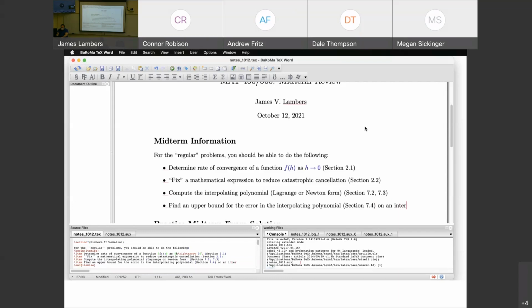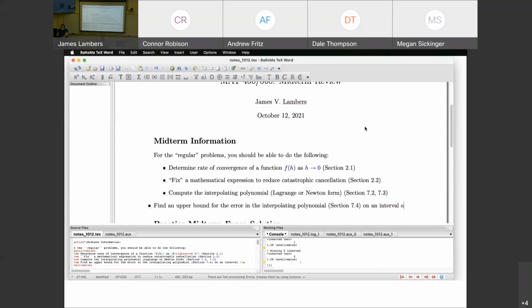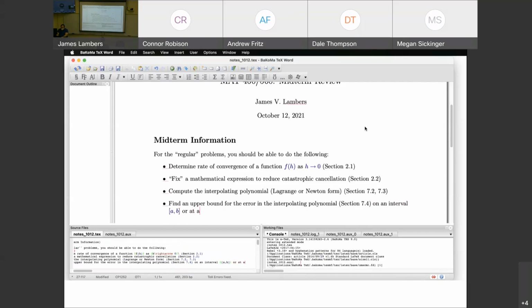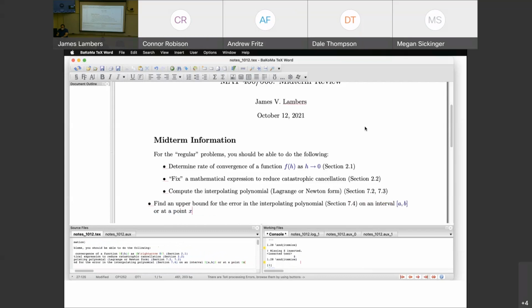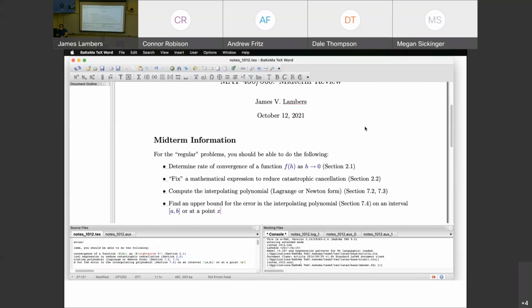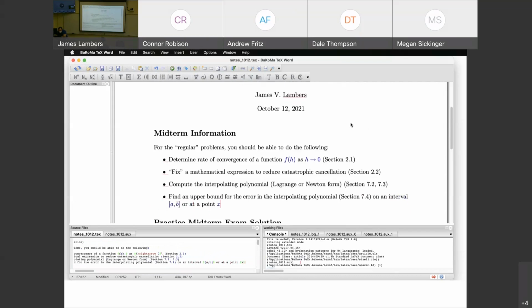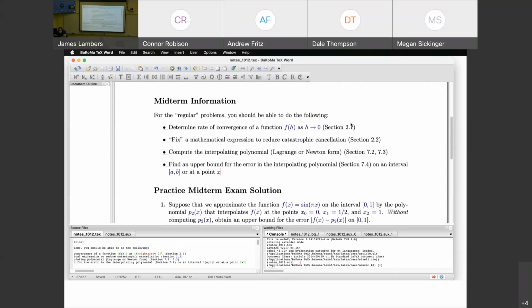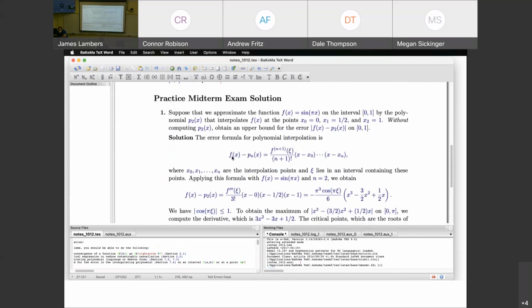Either on an interval or at a point. So for the error formula, here it is.